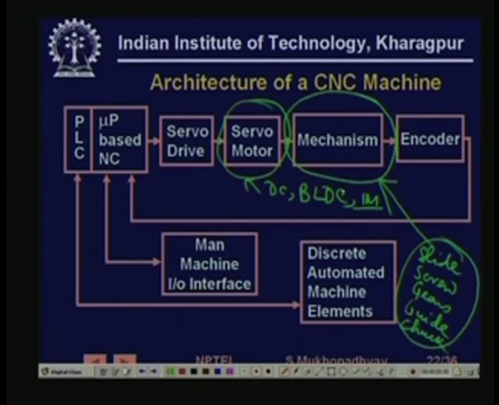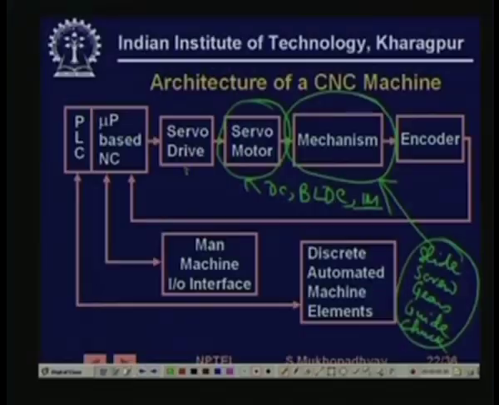As we will see in our future lessons, these motors are to be driven by very sophisticated drives. These are power electronic devices, plus controllers, control electronics.